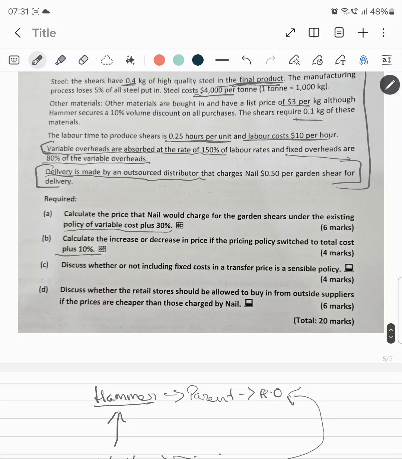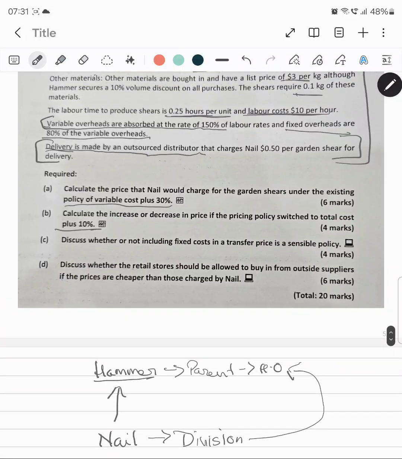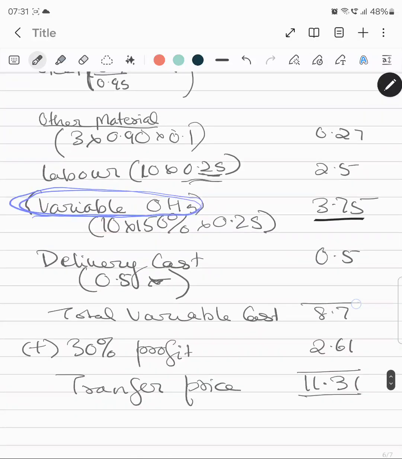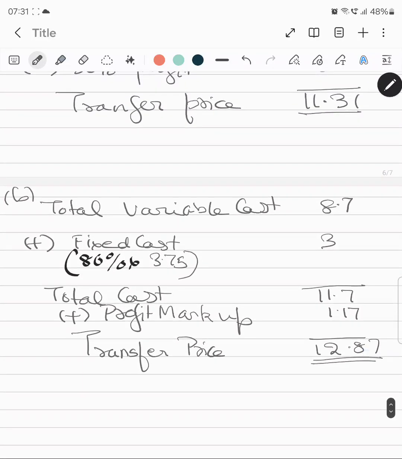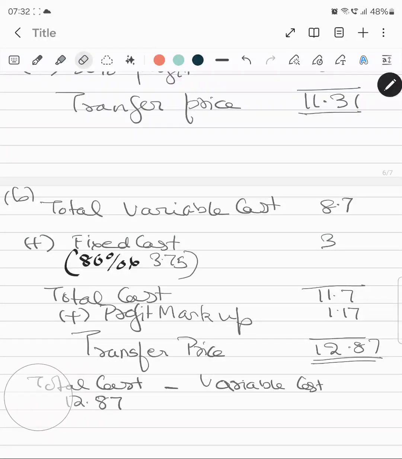Okay, so calculate the increase or decrease in price. We need to calculate the increase or decrease in price if we switch to the total cost plus 10% policy. So this price gives me the total cost, which is 12.87, minus variable cost plus 30%. Just a minute, I'll rewrite it again.